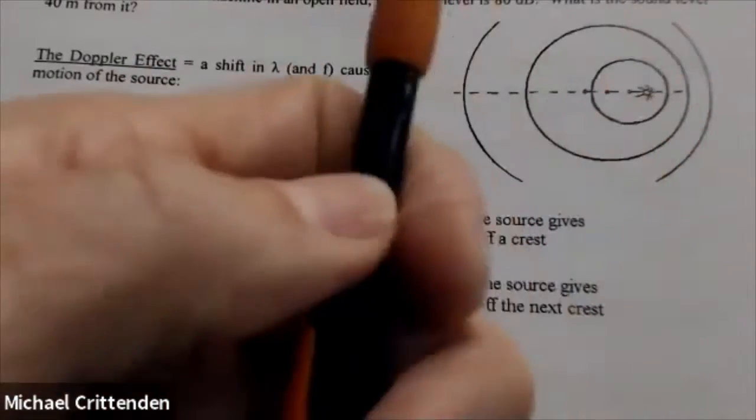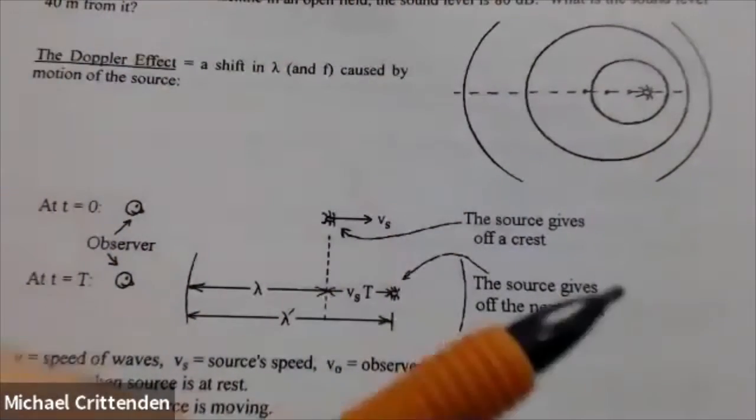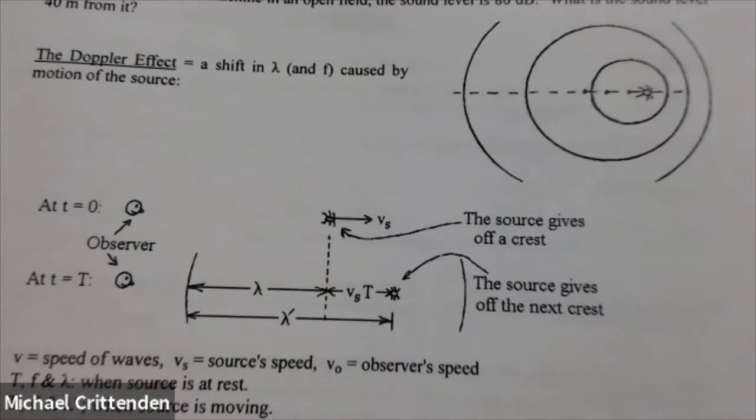Now, if the insect was just remaining stationary at one point, these waves radiating outward from its location would make a bunch of concentric circles. But what if the insect is moving at the same time that it's creating these waves?